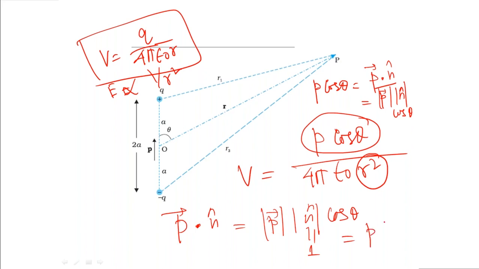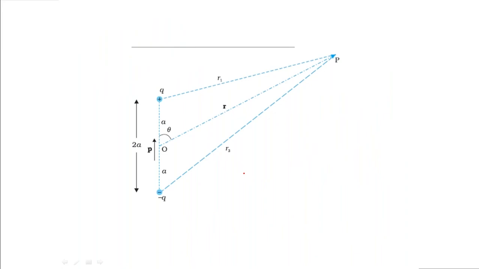So finally, the potential at r distance away for the dipole is p dot n cap by 4 pi epsilon naught r square, or p cos theta by 4 pi epsilon naught r square. You can understand that this potential not only depends on the distance, it depends on the orientation also.